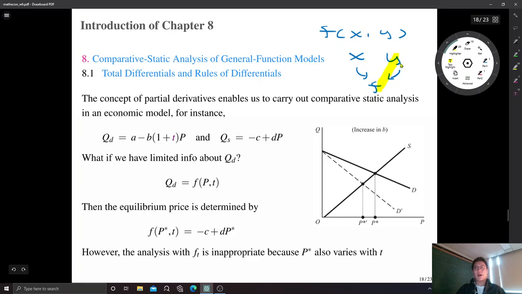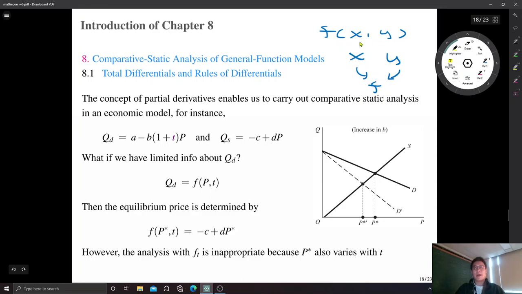So regarding y as a constant, regarding x as the only variable of this function, we examine how the function changes over x. When x changes a little bit, while keeping the other variable y constant, we examine how the function changes over x. That is the partial derivative with respect to x.